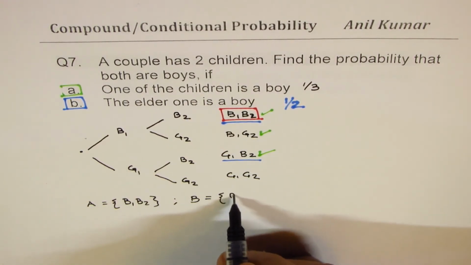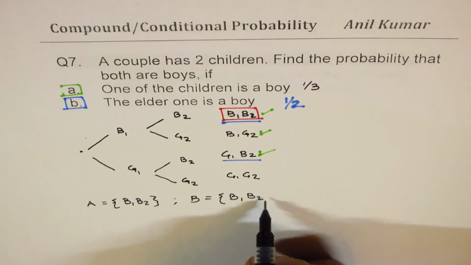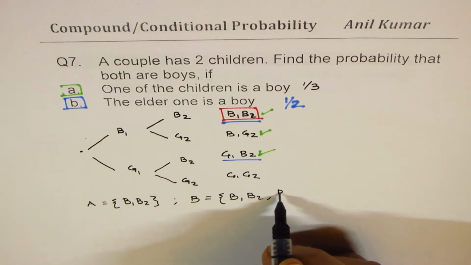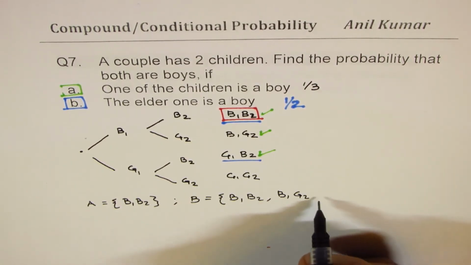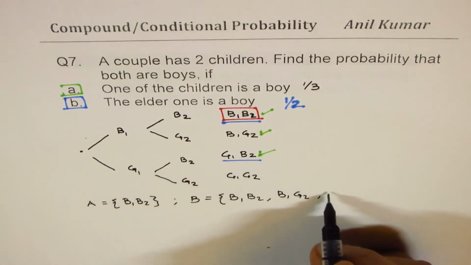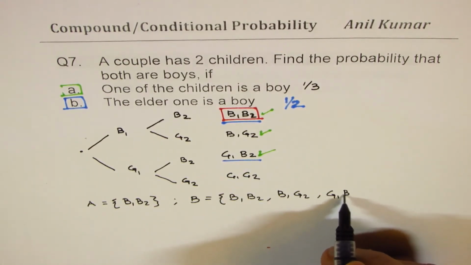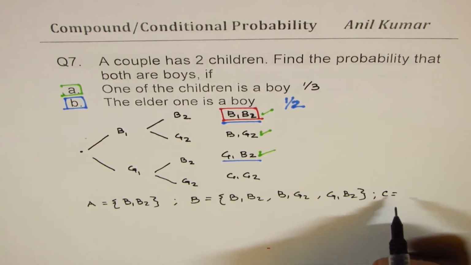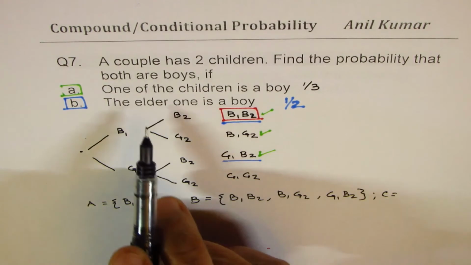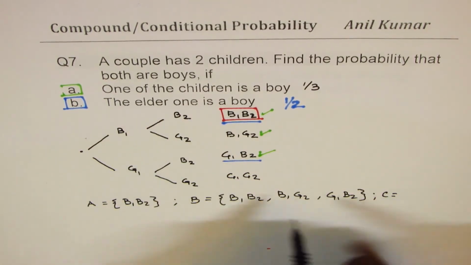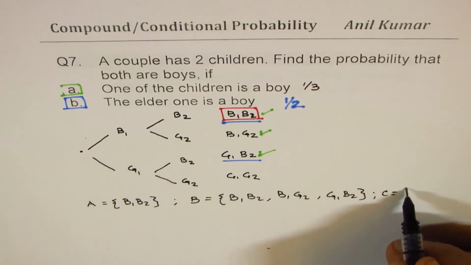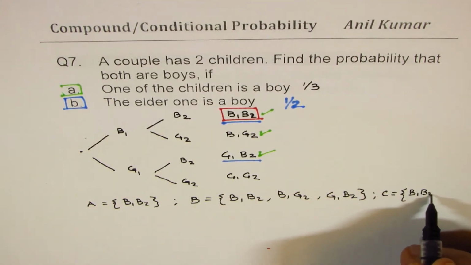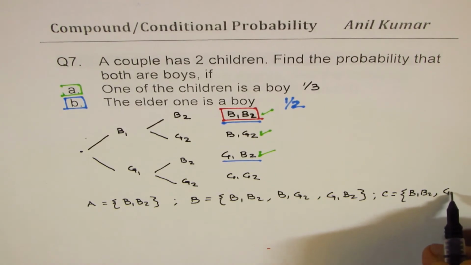That means the combination could be B1, B2, or B1, G2, first one is a boy, or the second one is a boy, G1, B2. And then we could have the third event C, in which the elder one is a boy. The elder one being a boy gives us 2 possibilities, which is B1, B2 or G1, B2.